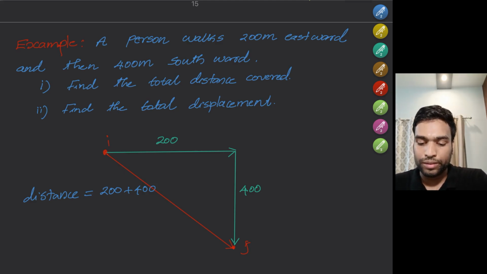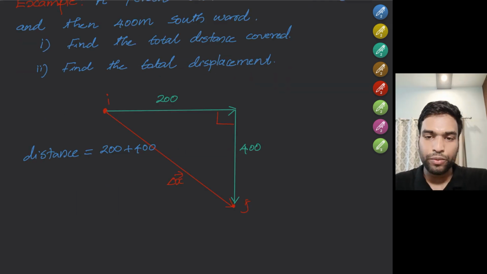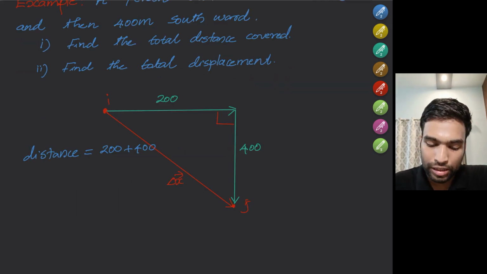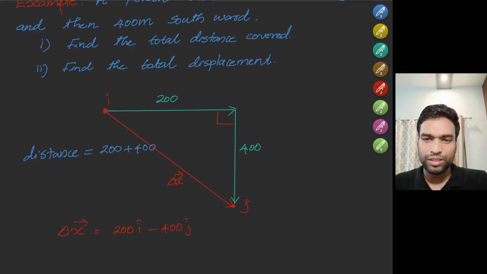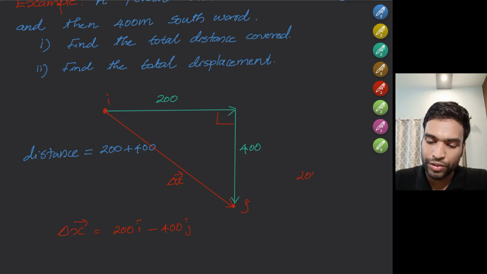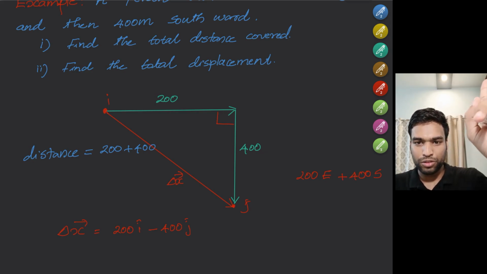Now how to find that? The displacement vector, I can write it as delta x vector. Now delta x vector I can write as 200 i cap minus 400 j cap. This is equivalent to writing 200 eastward and 400 southward. I'm considering northward as positive.